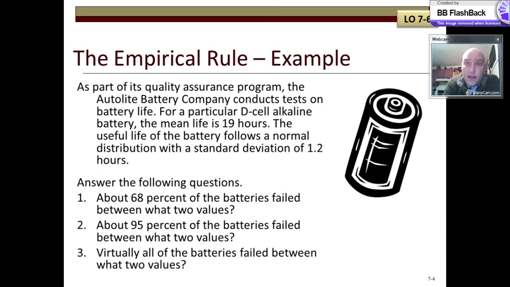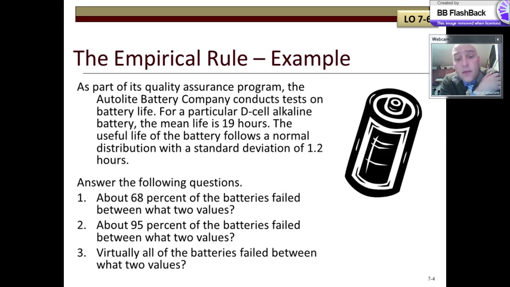Now, here's an example. As part of its quality assurance program, the Autolite Battery Company conducts tests on its D-cell alkaline battery. We find out that the mean is 19 hours. Then on average, batteries last about 19 hours with a standard deviation of 1.2 hours. Questions.